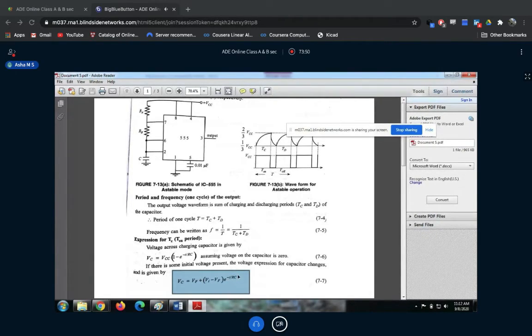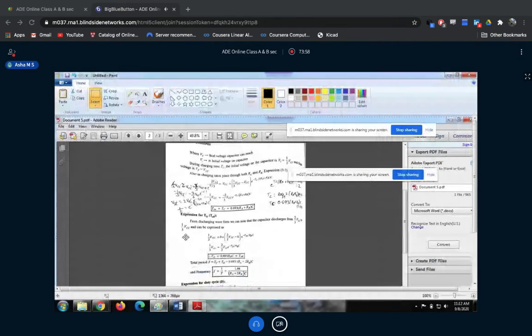Now, the VF value is VCC, the value to which it gets charged. The initial value, in the astable mode, we know it oscillates between 1/3 and 2/3. So I can write 2/3 VCC equals final voltage VCC plus initial voltage 1/3 VCC minus final voltage VCC, into e to the power of minus T over (RA plus RB)C. Why RA plus RB?